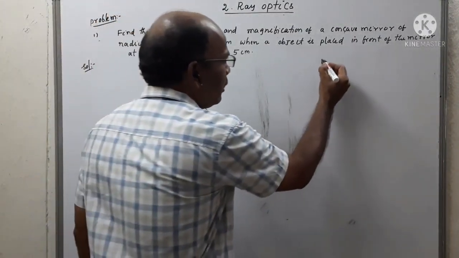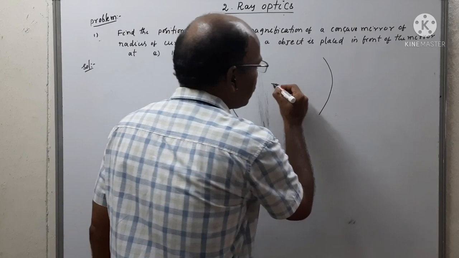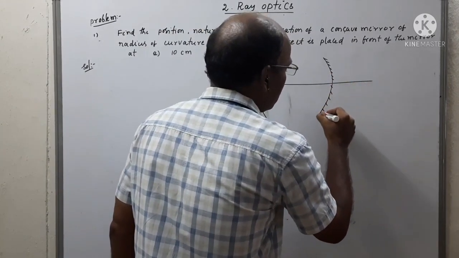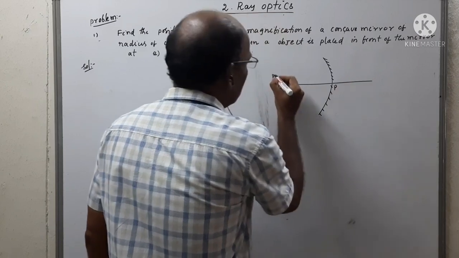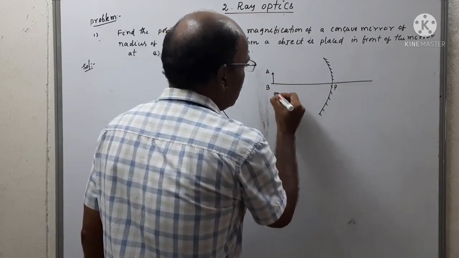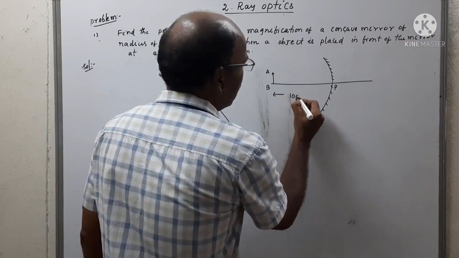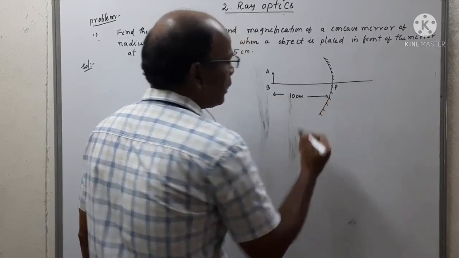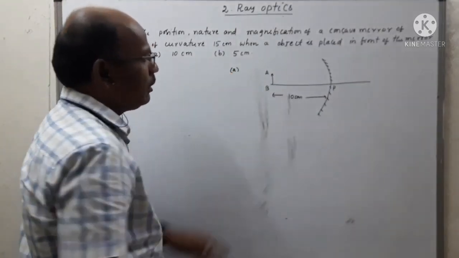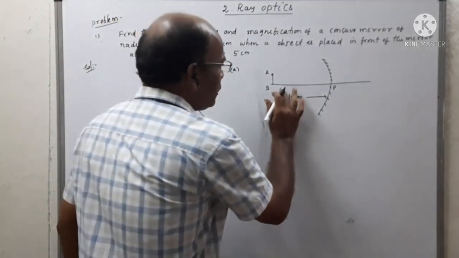So we observe in the diagram is like this. So the object is here, which is equal to 10 centimeters. So this is the given data. So we solve the first problem. So u is equal to 10 centimeters.